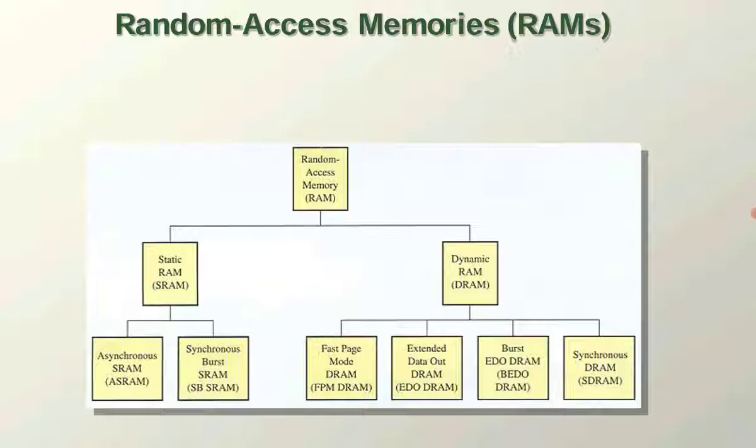Static RAMs are again of different types, like synchronous and asynchronous, SDRAM, DDRAM, and dynamic RAMs are also of different types. DDR RAMs can be used in various hardware environments.